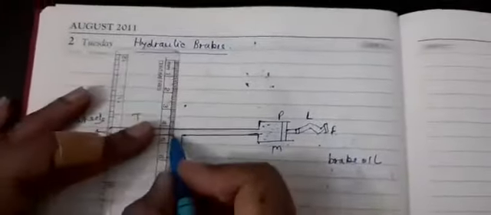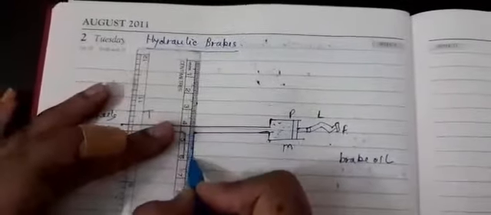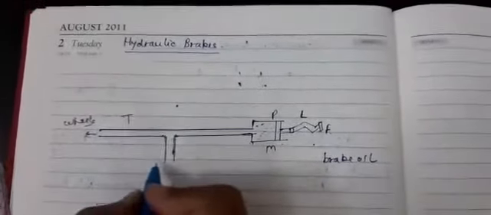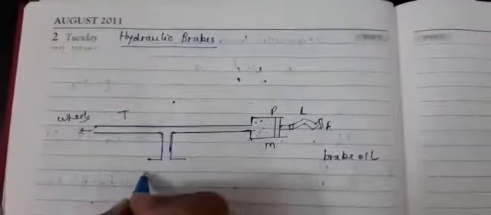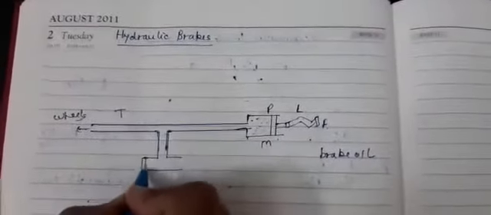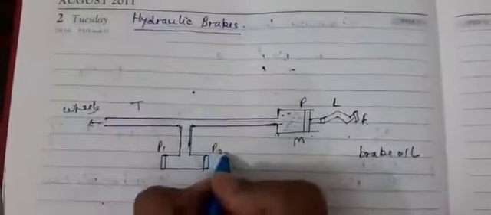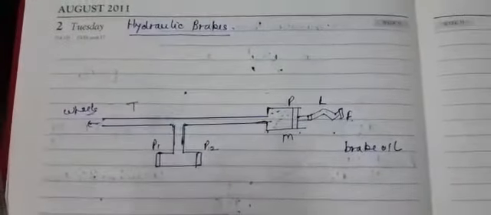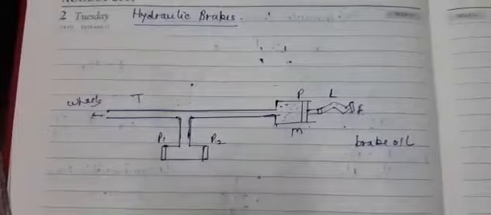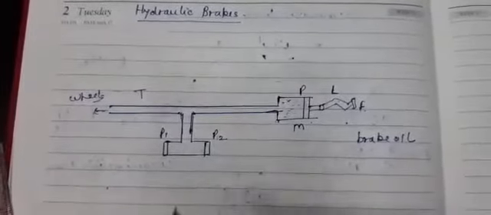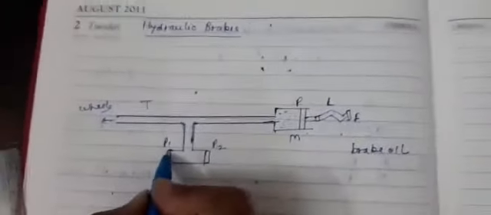You have also to draw the figure. So here these are two pistons. Let these pistons be P1 and P2. These pistons are connected to brake shoes, and here first of all I will just complete the figure.